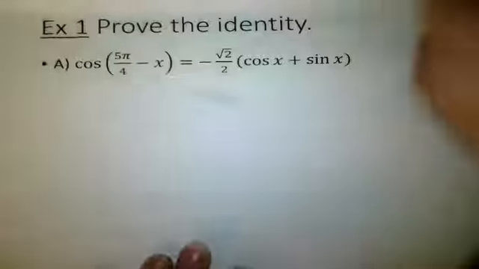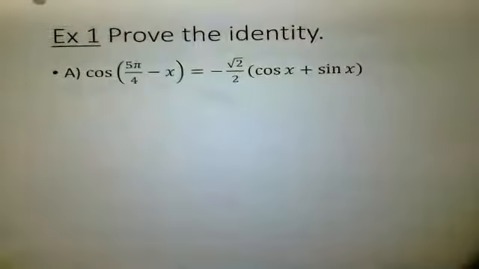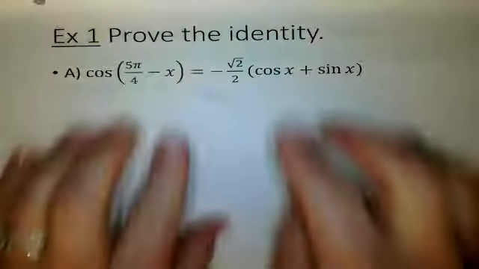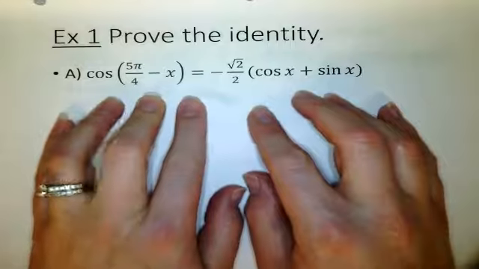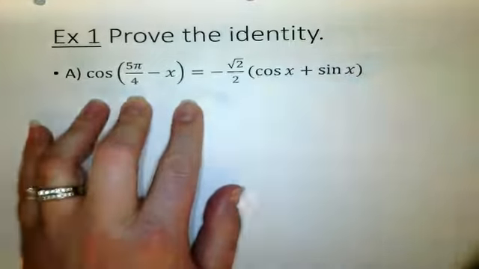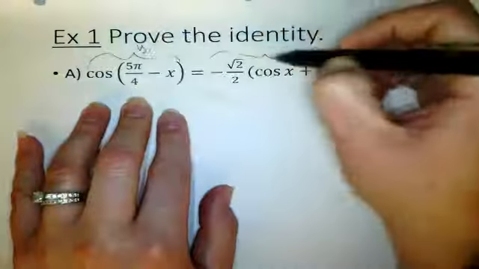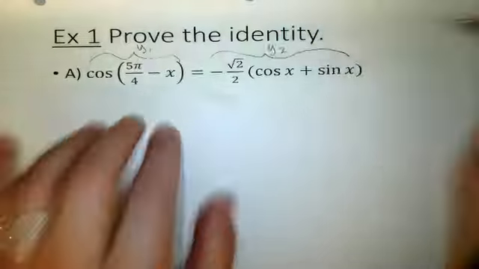So here we go. Example 1, prove the identity. So this is more establishing identities, verifying identities. These two things are supposedly equal. I could check. I could plug the left-hand side in y1, and I could plug the right-hand side in y2.